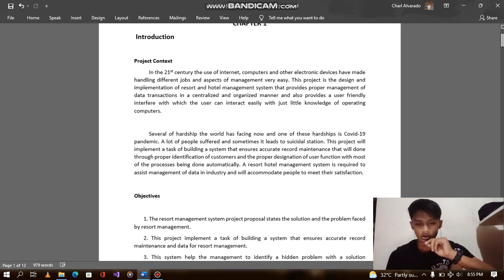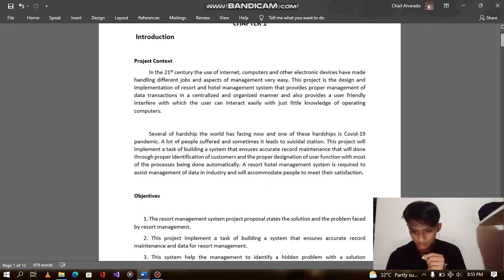Several hardships the world is facing now, and one of these hardships is the COVID-19 pandemic. A lot of people suffered, and sometimes it leads to suicidal situations.